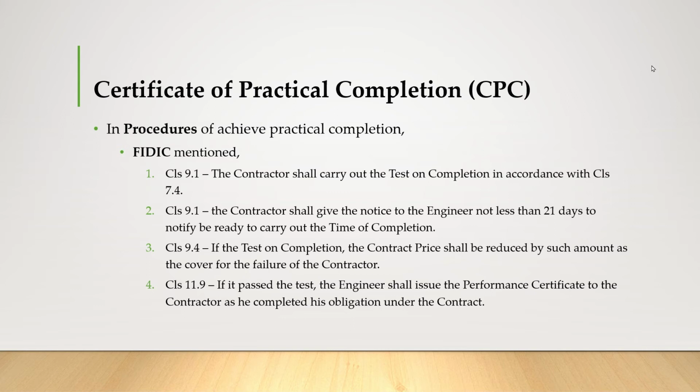So in clause 9.4, if the tests on completion are failed, the contract price shall be reduced by such amount as covers the failure of the contractor. So lastly, in clause 11.9, if the tests are passed, the engineer shall issue the performance certificate to the contractor as he has completed his obligations under the contract.